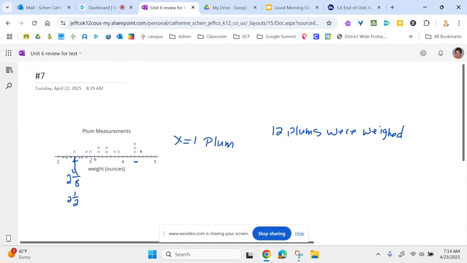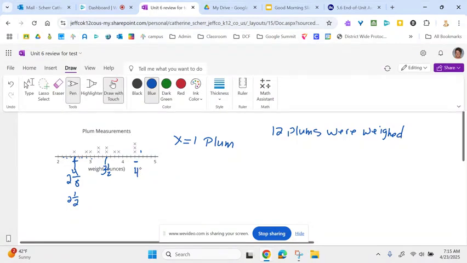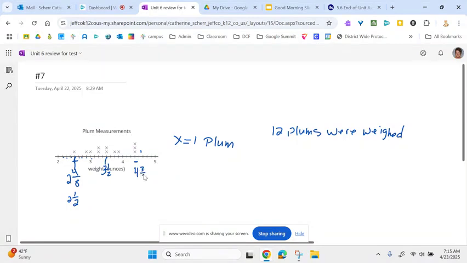Here, if I go 1, 2, 3, 4, I have 2 plums that weigh 3.5 ounces. And 1, 2, 3, these ones weigh 4 and 3/8 because there's 8 hash marks and there's 1, 2, 3/8.